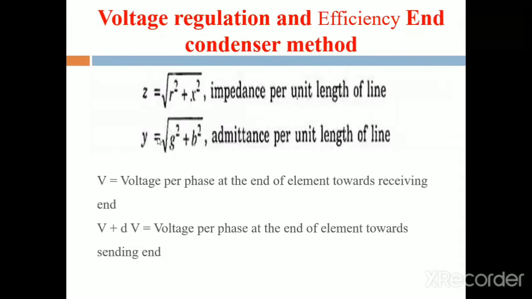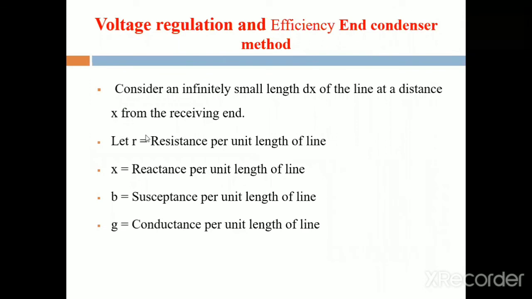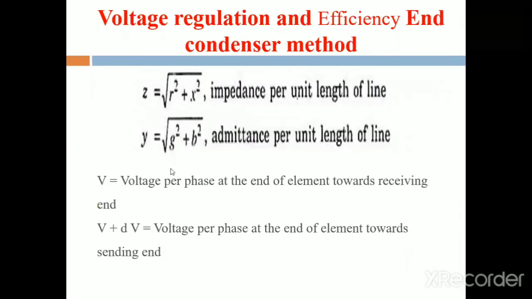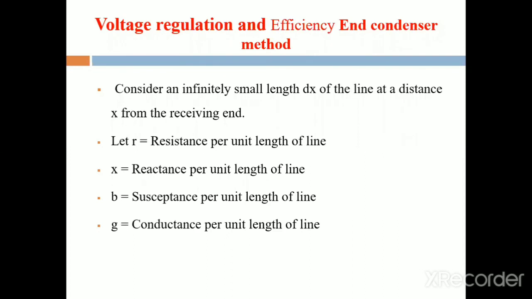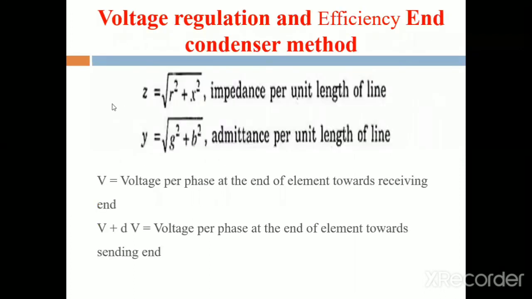By knowing these terms, we can derive the affected parameters for the small length dx. R is the resistance, X is the reactance, B is the susceptance, G is the conductance.